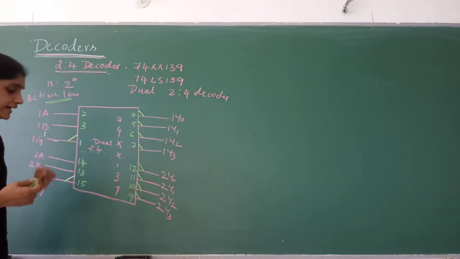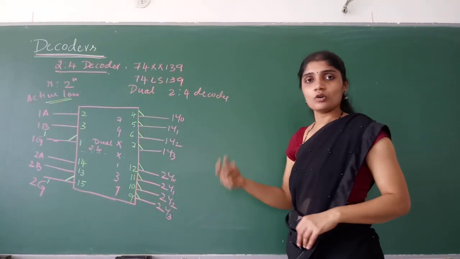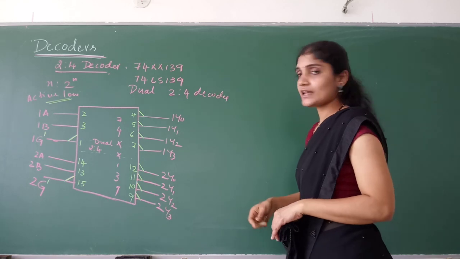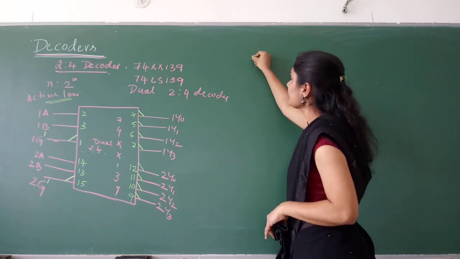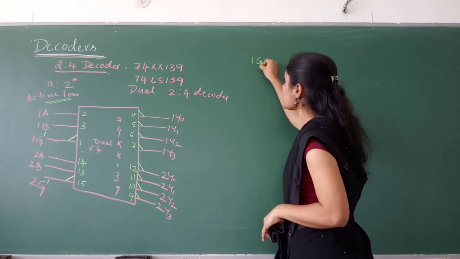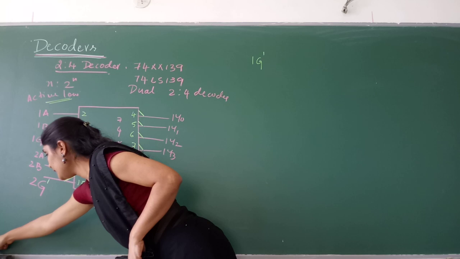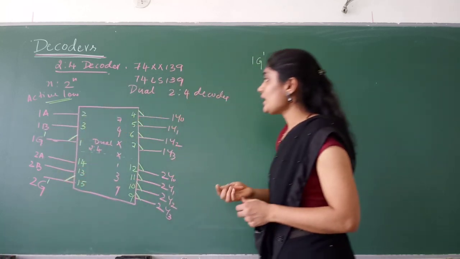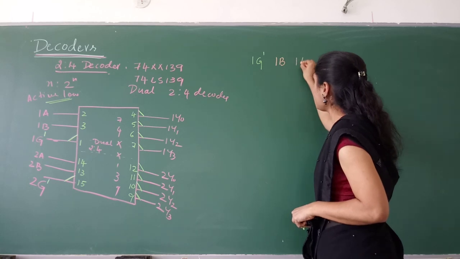Now let us write the truth table for the first decoder. Similarly, you can write it for the second 2:4 decoder. In the truth table, we have the enable input 1G dash and the inputs 1A, 1B. So I'll write 1B, 1A.